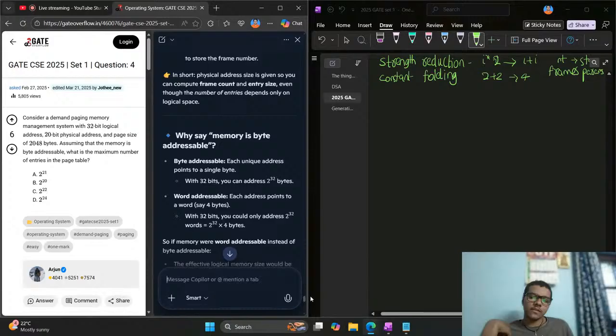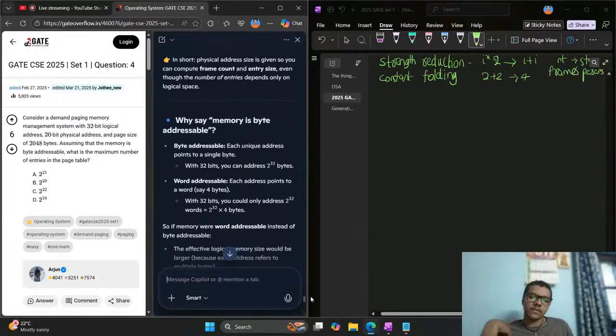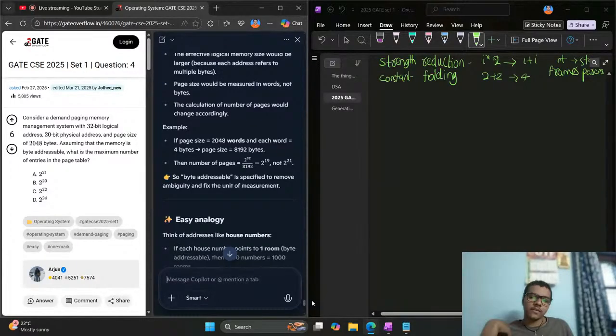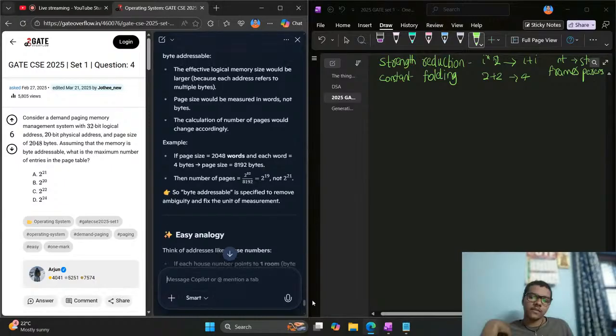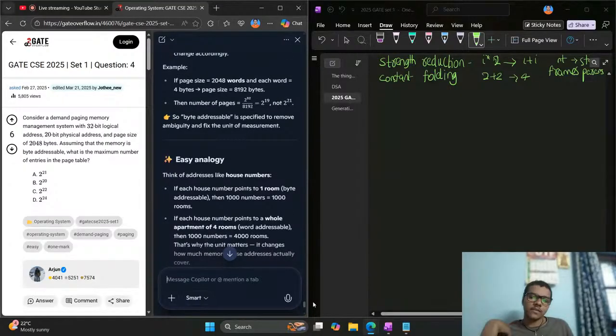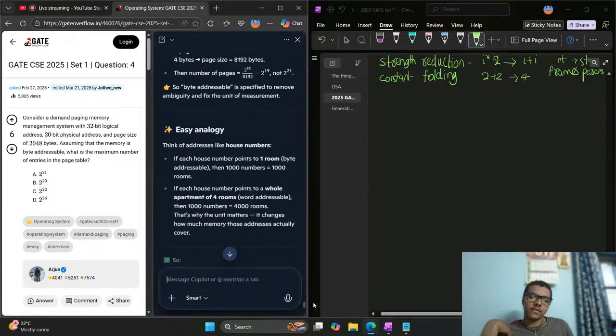The 32 words. Each house number points to one room or apartment of 4 rooms.